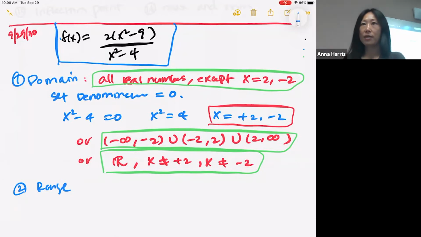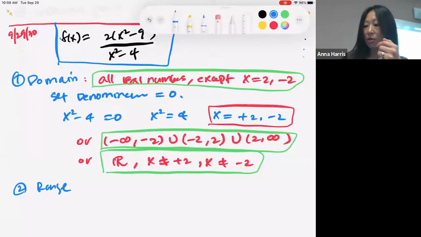Okay, the horizontal asymptote. So I'm not gonna do range yet. Actually this order is not right, so I may give you a different order with your homework. But anyway, you gotta find all this. I'm gonna skip the range for now because I need to teach you how to find horizontal asymptote and vertical asymptote. By the way, we already found the vertical asymptote.